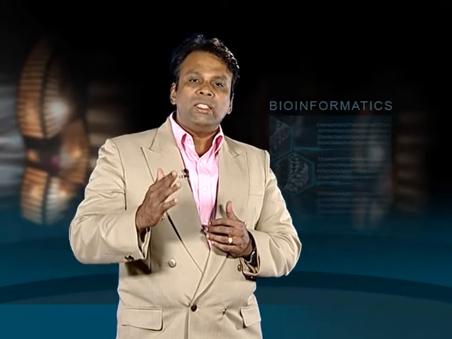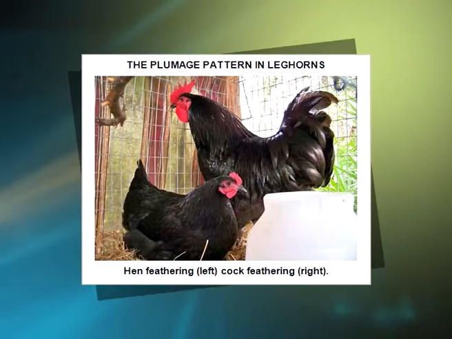It has been found that the expression of the genes capital H and small h depends upon the sex hormone. Any male that receives at least one dominant gene will be hen feathered, but those males which are homozygous for the recessive gene will show the cock feathered condition. Females are all hen feathered regardless of genotype, and this is very clearly shown in this figure.